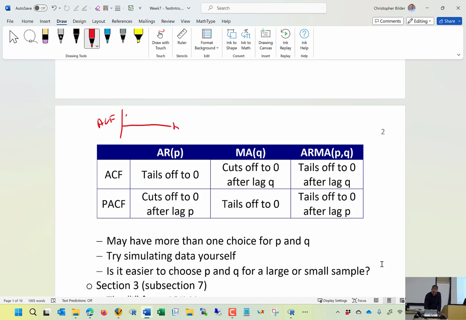One potential way that this could look to be tailing off is something like this. Okay, that could be a tailing off. Another tailing off could look like this. Another tailing off. It's probably going to be a little bit harder for me to draw.